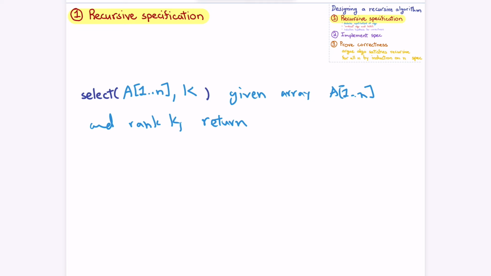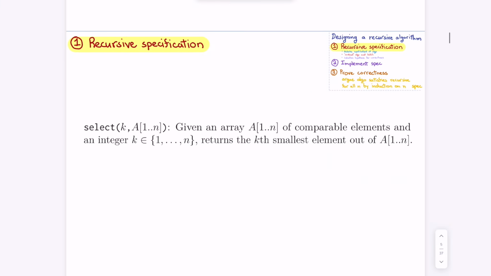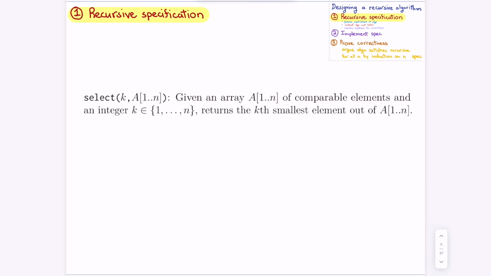Yeah. Return, I don't know, rank K element. Yeah, I'm not sure if it's worth pointing out maybe of comparable elements, but this general thing. Okay. Something like this. It's not so deep. We are basically just restating the problem in this case. Sometimes there's a bigger gap, but in this case, it doesn't require too much creativity. Okay, good. But at least we kind of know what we're implementing.